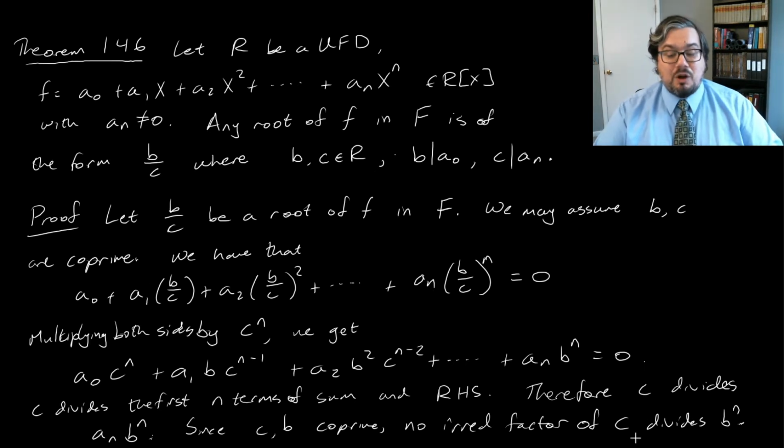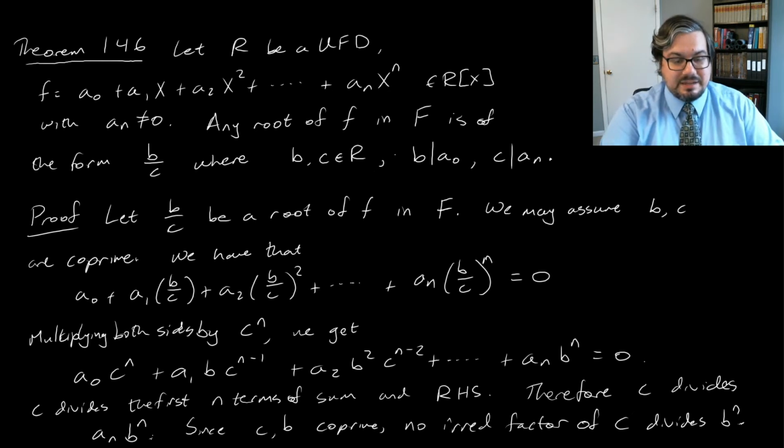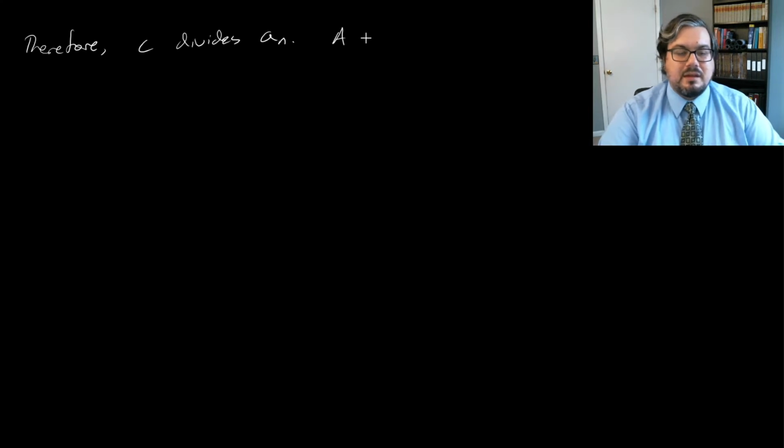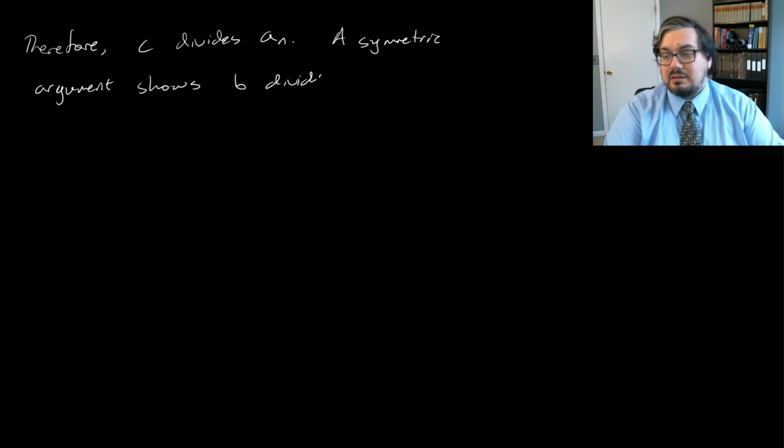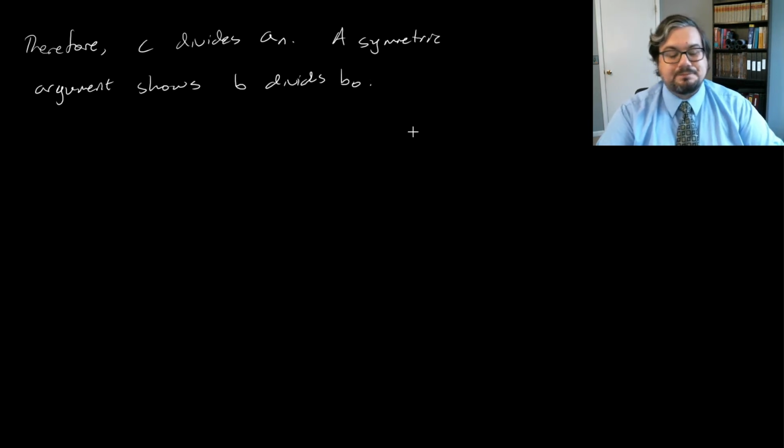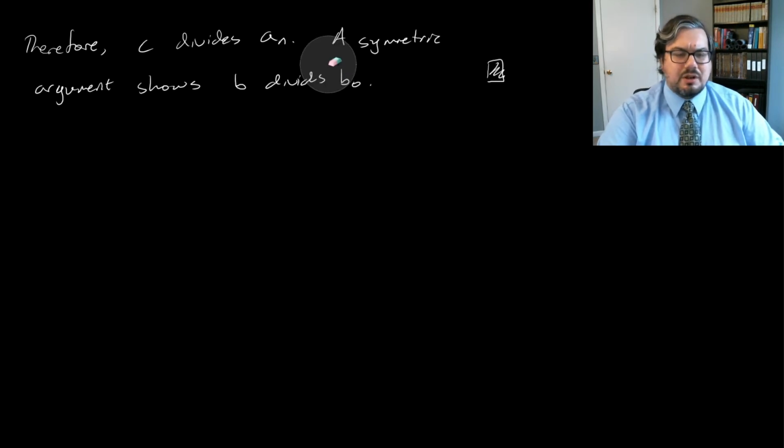Since this is true for all irreducible factors of c, we must have that, therefore, c divides an. A perfectly symmetric argument shows that b divides a0, sorry.